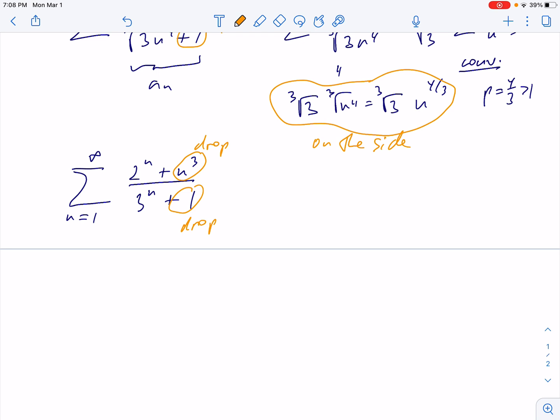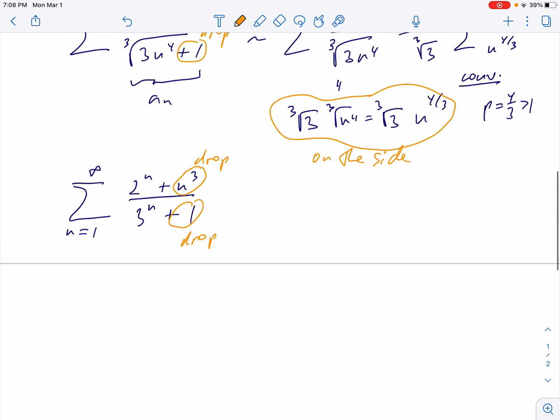We know from the rule of L'Hopital that 2 to the power n grows faster compared to n cubed. So this is growing much faster, exponential grows faster.